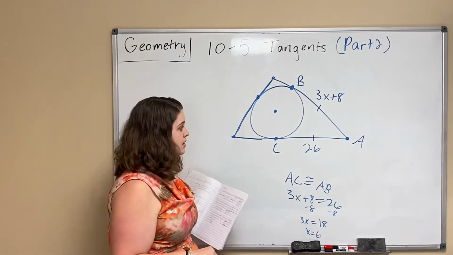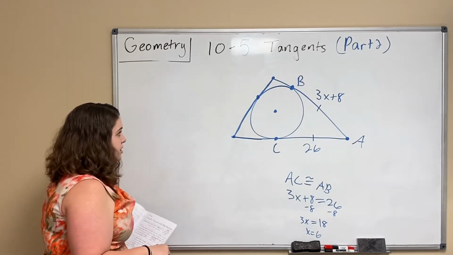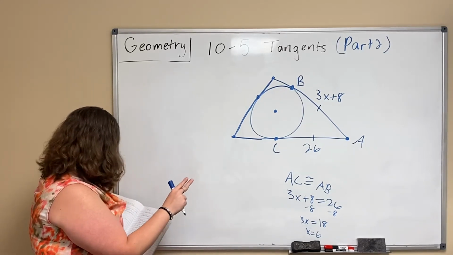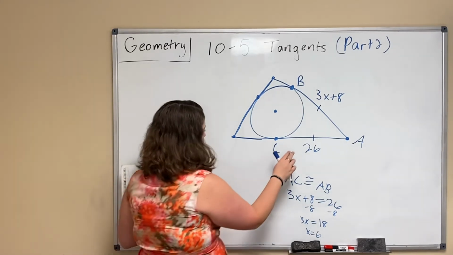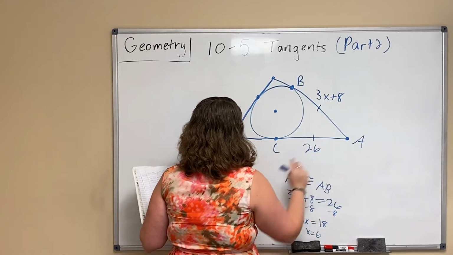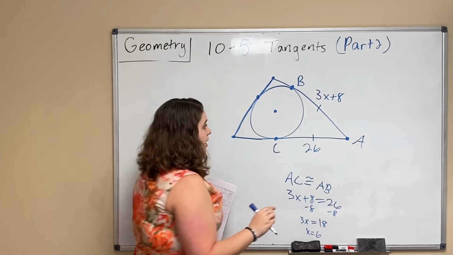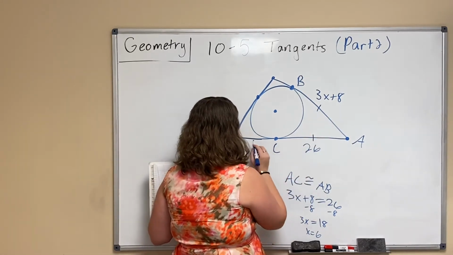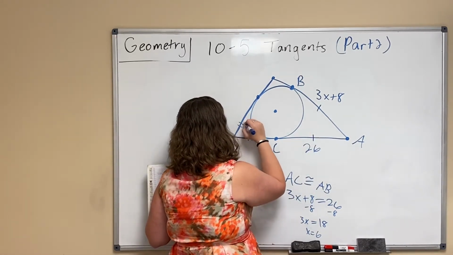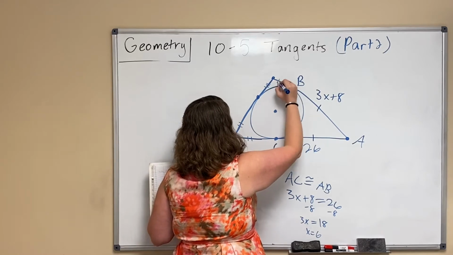What we can do with this information, though, what we learned about tangents that come from the same point, is now I can say, I know these two are congruent, I know these two are congruent, and I know these two are congruent.